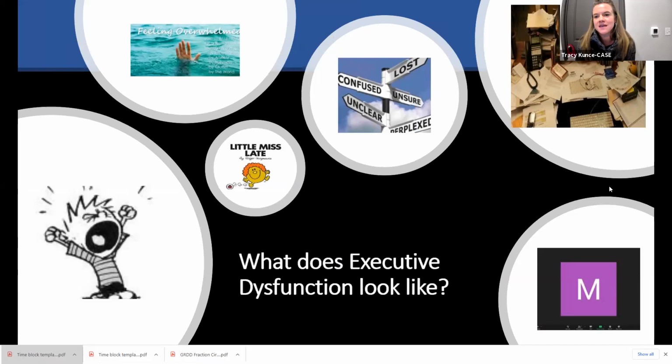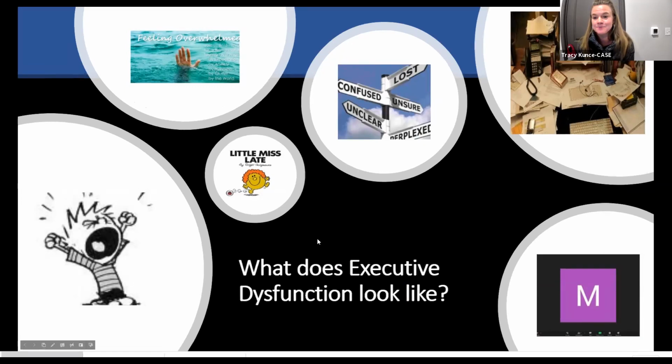Some of the behaviors that you may see externally could be anything from an outburst or tantrums, or feelings of overwhelm, or being late, or being lost and confused, disorganization, whether it's a messy desk or locker or bedroom or backpack.